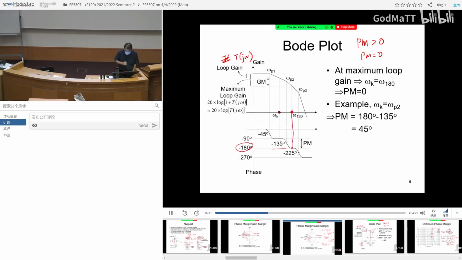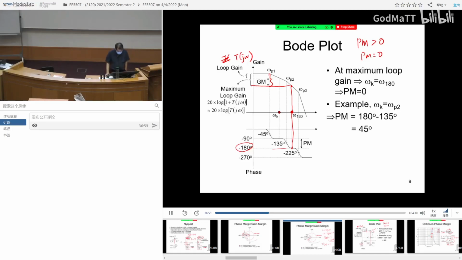So this is the frequency when the phase becomes 180 degrees. Okay? When that is the case, if you look up the corresponding magnitude, this is the maximum loop gain that you can apply to the system and expect the system to be stable. Of course, it's very delicate, very fragile, because it's 0 degrees, you don't have any margin. Okay?